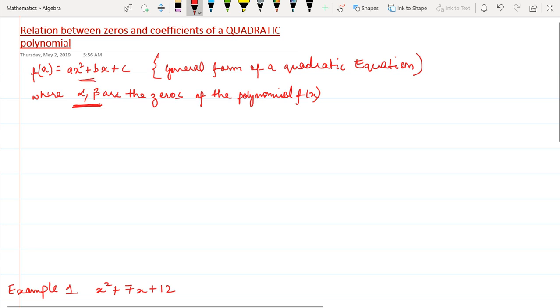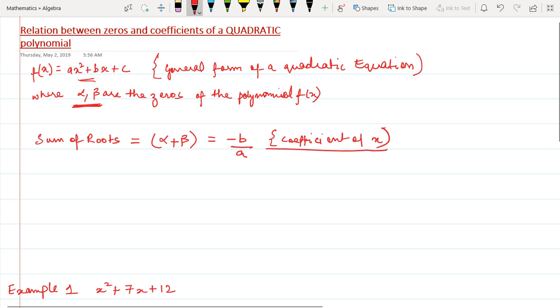Now remember, always in a quadratic equation, the sum of roots, that is alpha plus beta, is always equal to minus b by a. That is, the coefficient of x divided by the coefficient of x squared with a minus sign.